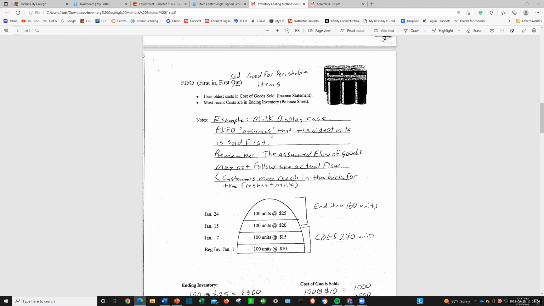FIFO assumes that the oldest milk is sold first. So when you think of FIFO, think of milk display case. You know how the grocery clerks take the oldest milk, the one they purchased first, and push it forward. And then you take that milk that's in the front, right?